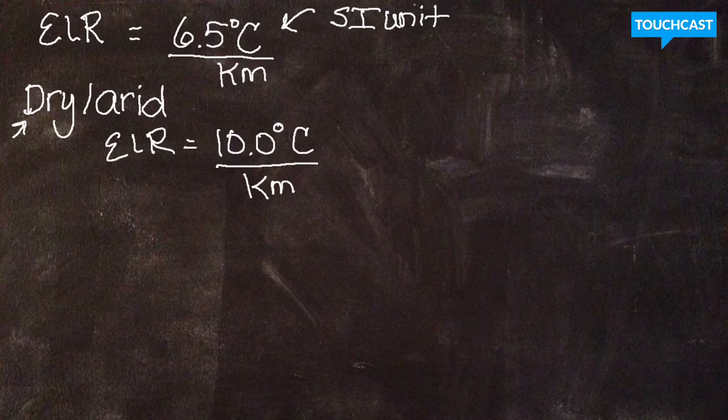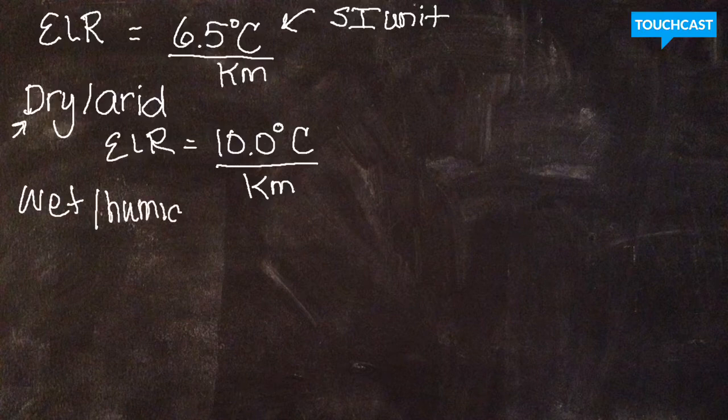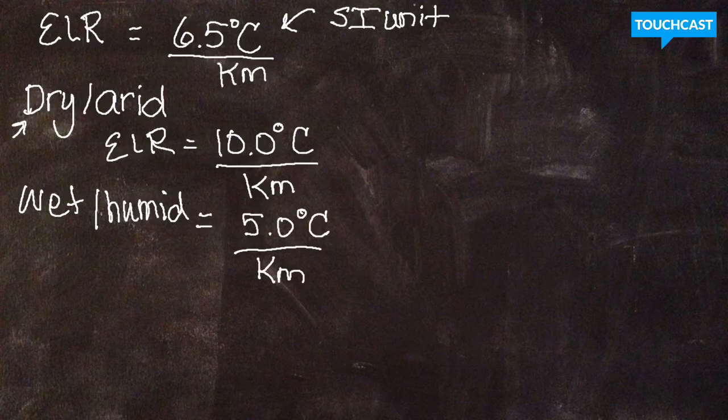In August here in Georgia, you also notice when it's wet conditions or very humid. That's when you can hardly breathe because the air feels so heavy. And that environmental lapse rate is going to be 5 degrees Celsius per kilometer.